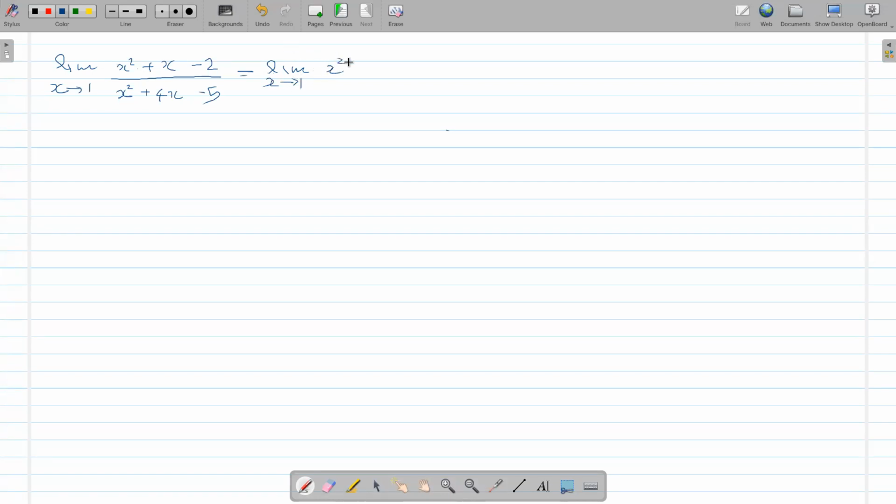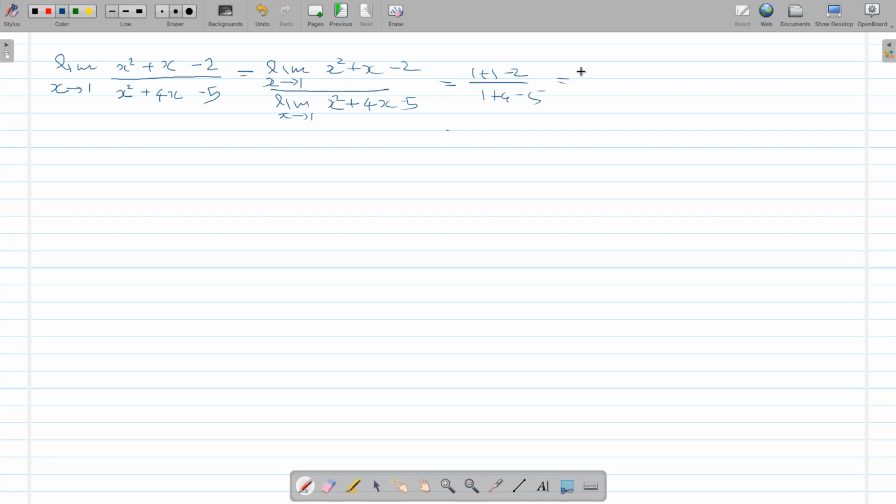Here x squared plus x minus 2, using the quotient rule, no? If I use the quotient rule, I get 1 plus 1 minus 2, and for x squared, 1 plus 4 minus 5.